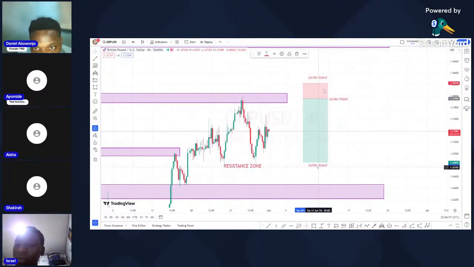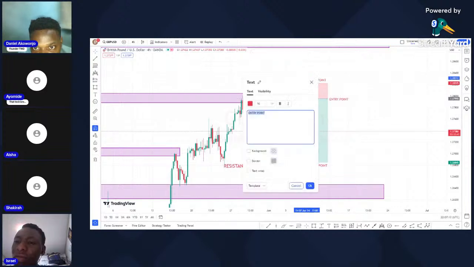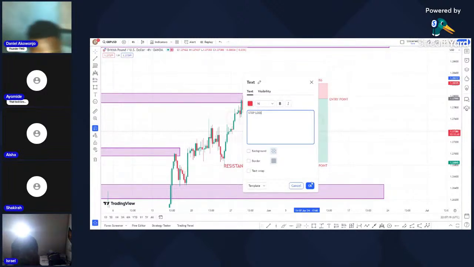Pay attention to all these things I'm marking out. This middle here means entry point. This top here means stop loss. Take note, stop loss. The end of this green here means take profit.